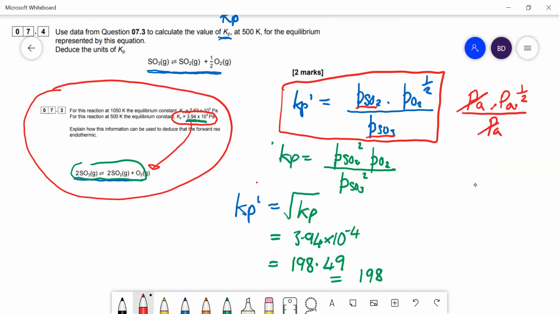So those two pascals cancel out, and we end up with units of pascals to the half. Again, it shows you the importance of when you state a value of Kp, you've got to give an equation with it, because otherwise it's ambiguous.